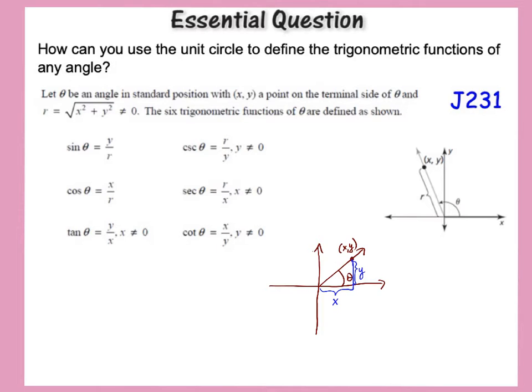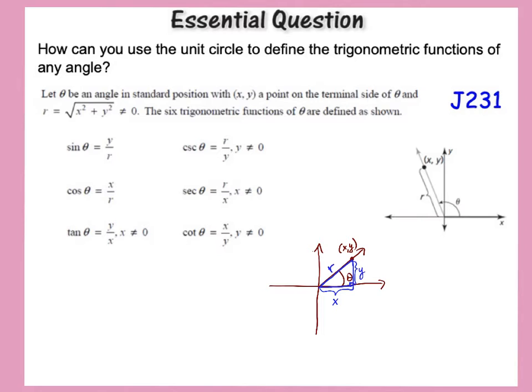So if we are looking at this particular triangle that I created in blue, we also know that the hypotenuse of the triangle would equal the radius, and the right angle would be between the x-axis and the little vertical segment that represents the y coordinate.